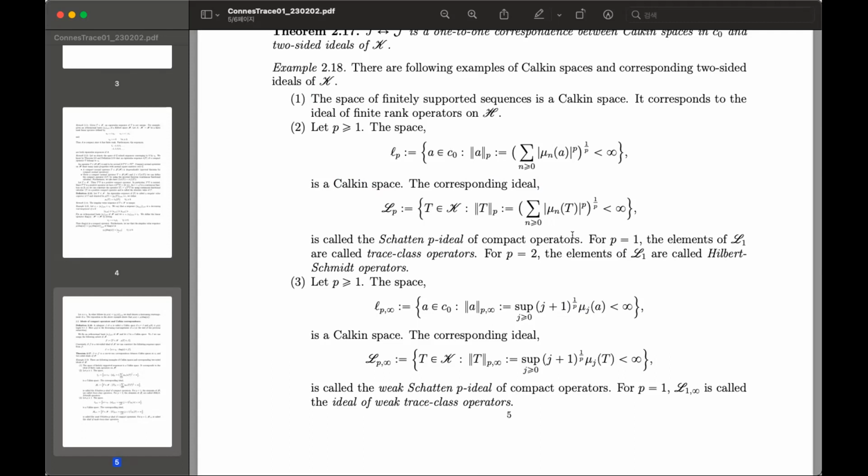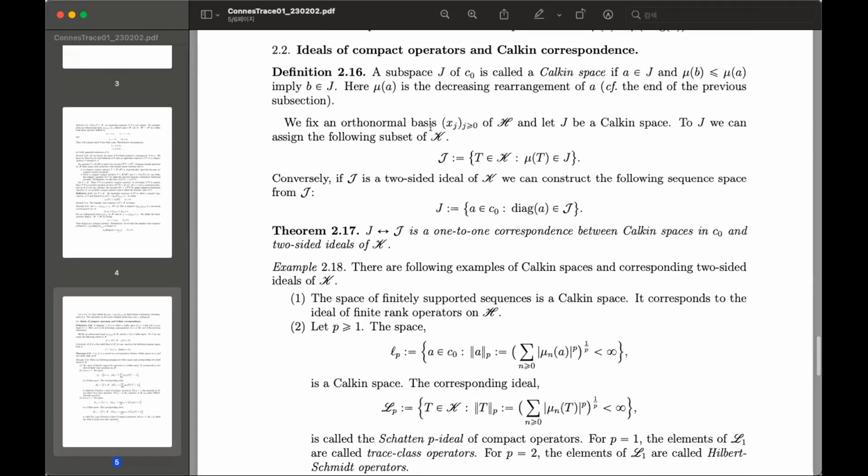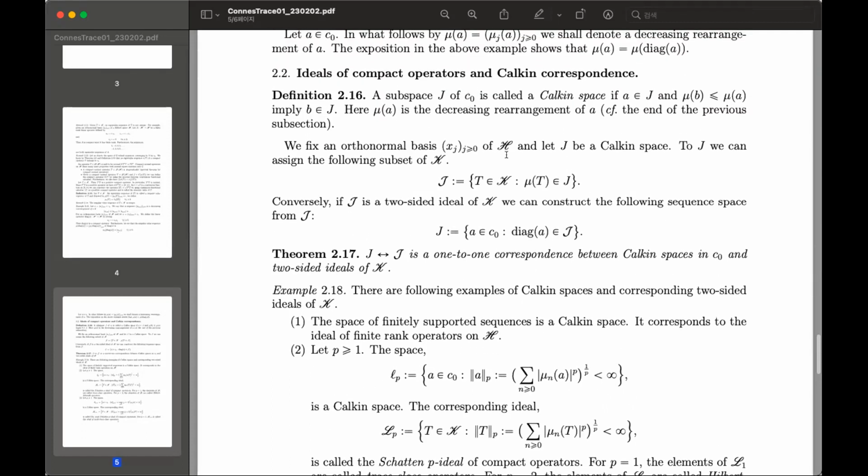So these are the typical examples of the Culkin space, Culkin subspace of the sequence space C0.